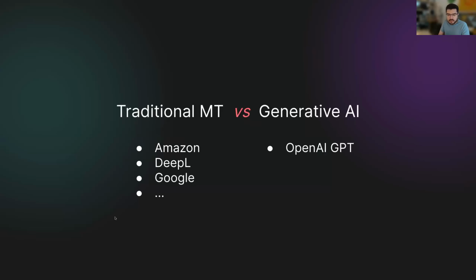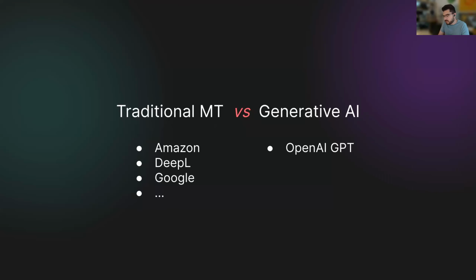So traditional machine translation and generative AI. As I was creating the slide, it struck me that it's crazy that we're calling really cutting edge technology traditional MT now that we have generative AI, but I wanted to contrast those two.